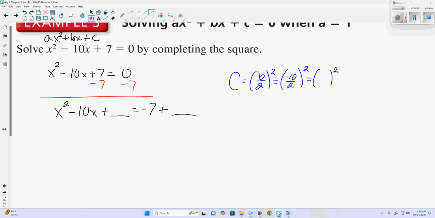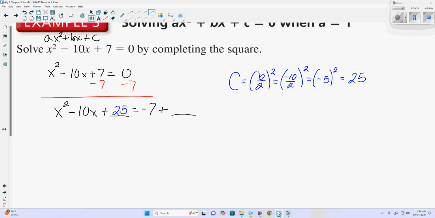So the first thing we want to do is take negative 10 divided by 2, which is negative 5. And negative 5 squared, negative 5 times negative 5, is 25. So we'll plug it in here, giving us x squared minus 10x plus 25, which is our perfect square trinomial.